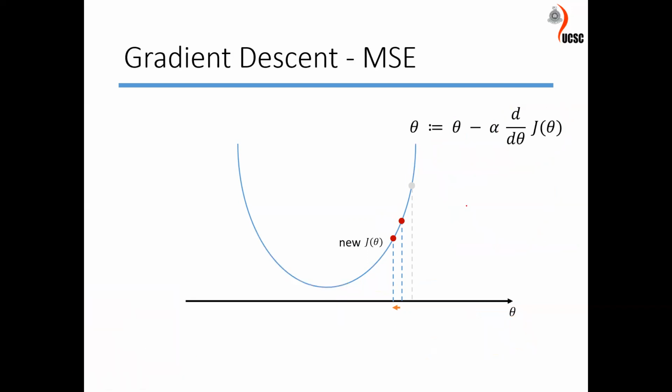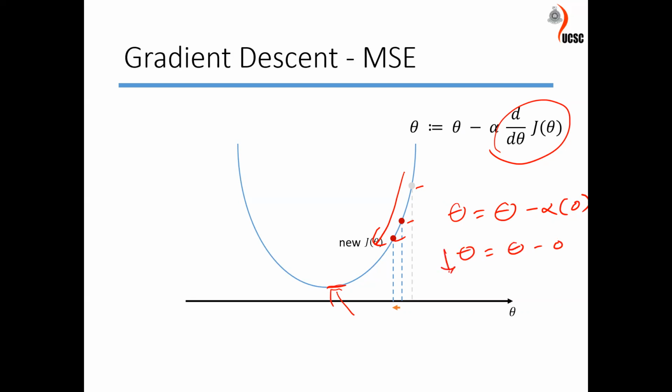So we keep updating the theta. For each particular point, we differentiate the cost function. At this point, we know from mathematics that the derivative becomes 0. In that case, if we try to update the theta, alpha times 0 gives 0, so the theta stops updating and it has converged.